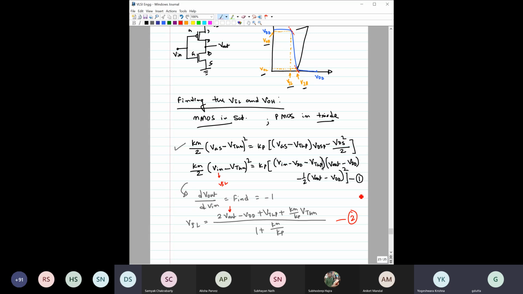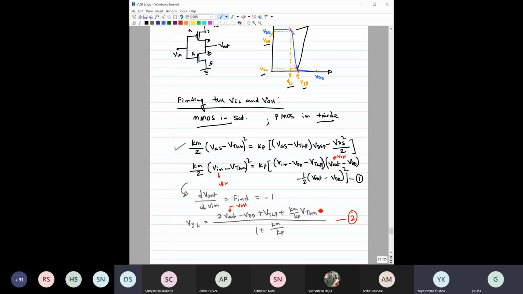If you solve equation 1 and equation 2, you have two equations, two unknowns, VIL and Vout, and Vout is basically VOH.